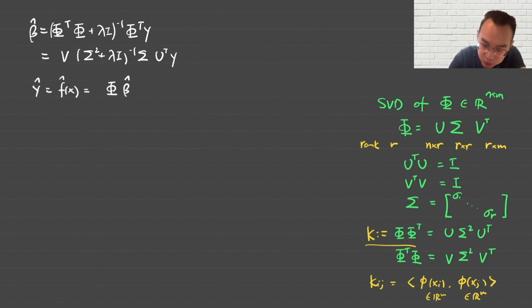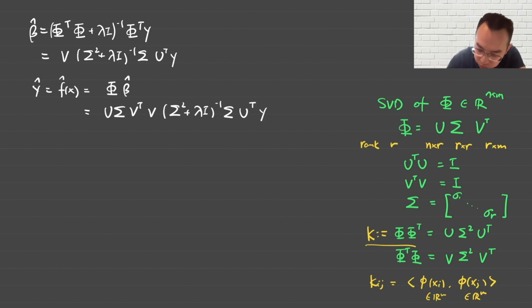Now we swap out phi with the SVD formula, so that becomes U sigma V transpose, then V sigma square plus lambda I inverse sigma U transpose Y.